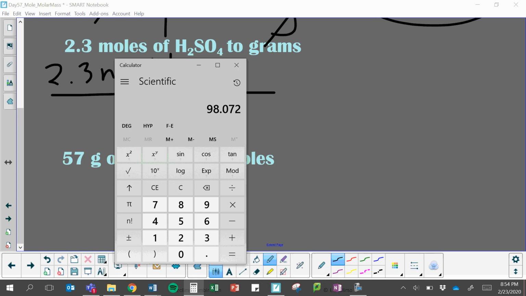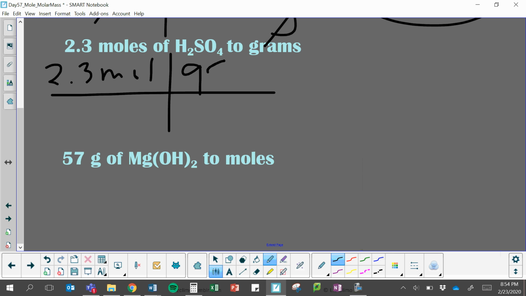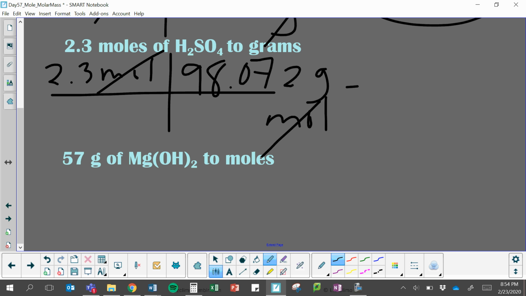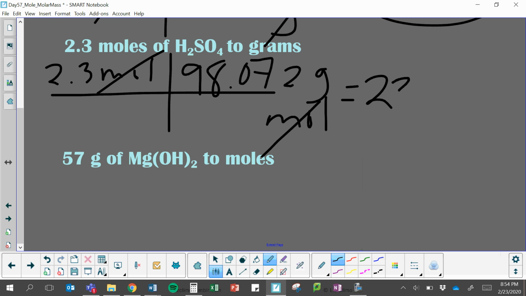So that is our molar mass of H2SO4, 98.072. And that's grams. And we put moles down here because they needed to cancel. So then we're going to take that molar mass times 2.3. And we're left with this. We only need 2 sig figs. So this 225 actually rounds to 230 grams.